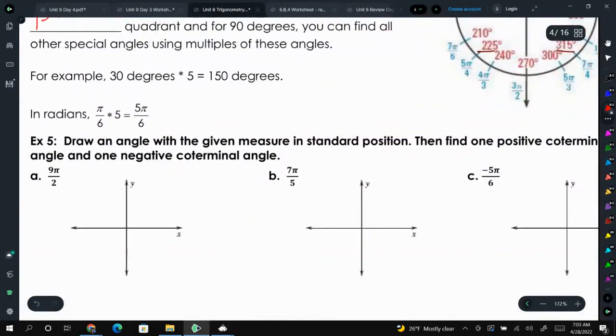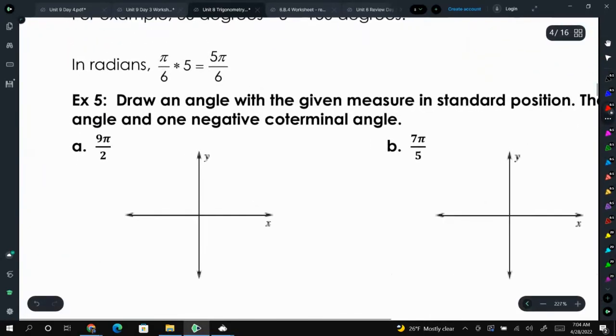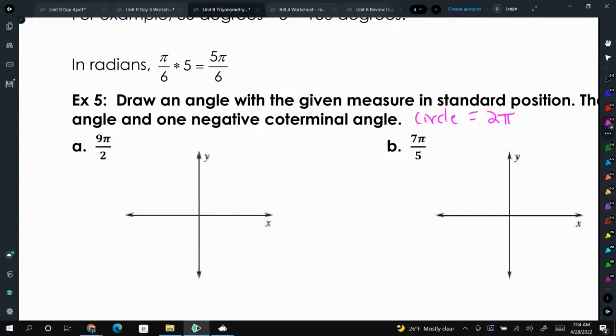So our last example: draw an angle with the given measure in standard position, then find one positive coterminal and one negative coterminal angle. So remember, in this instance, since we're in pi radians, a circle is equal to 2 pi. So we're going to keep subtracting or adding 2 pi until we get a positive coterminal angle and a negative one.